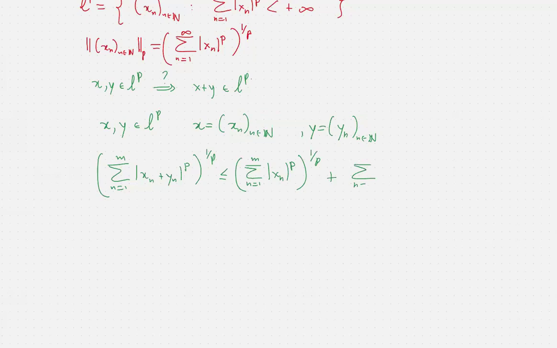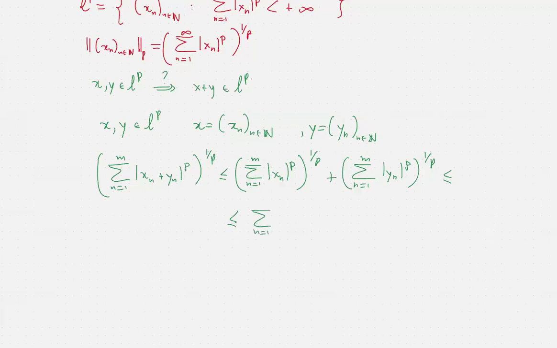And now the idea is pretty simple. Somebody might say, okay, take the limit as m tends to infinity. And that's actually not quite wrong, but there's a more elegant way of saying that. Now you can say that the finite sums on the right-hand side are less than or equal to the infinite sums that are known to be finite numbers, right?